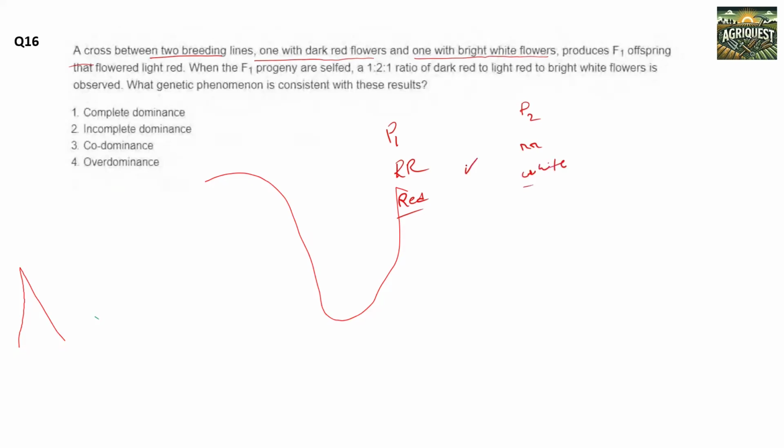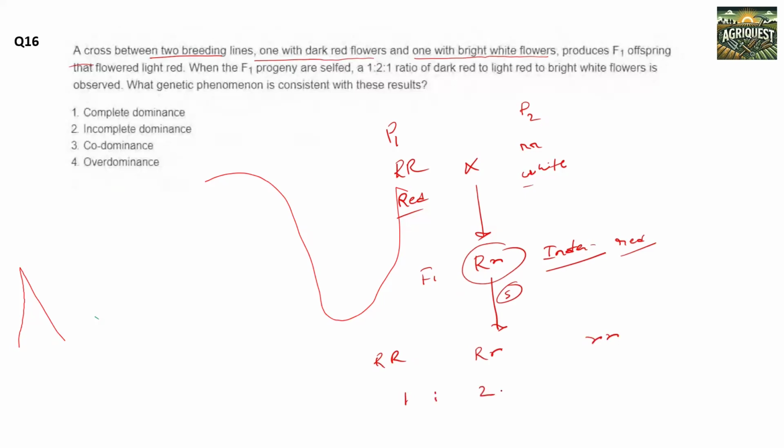When they cross them, they produce Rr, the F1, which is intermediate in nature, an intermediate red color. When selfing is done, this produces RR, Rr, rr, in the ratio 1:2:1.